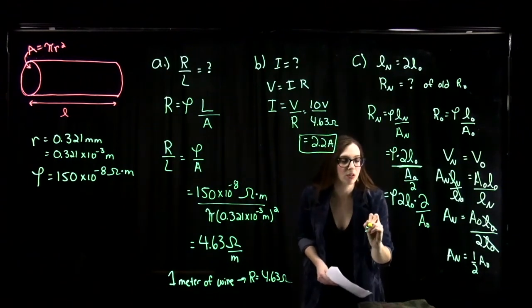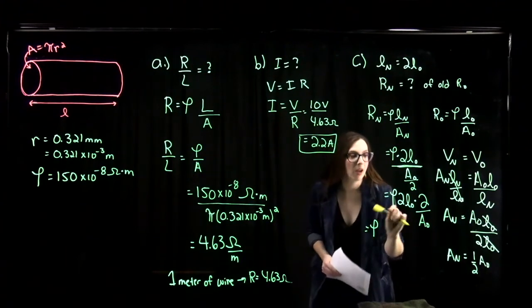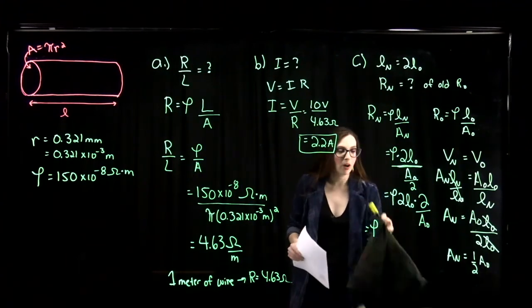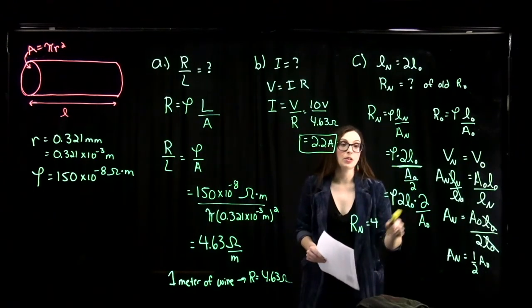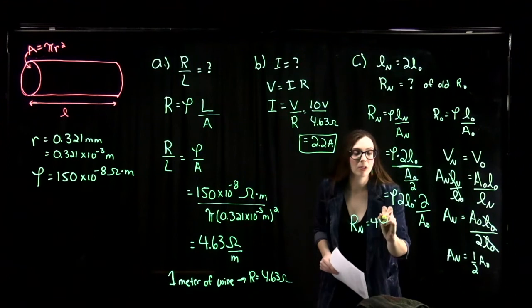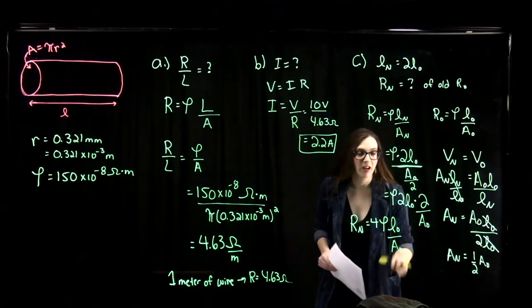So this is equal to our resistivity times 2 times 2, so that's 4. Actually, I'm going to write it like this. Our new resistance is equal to 2 times 2, that's 4 times the resistivity times the original length divided by the original area.